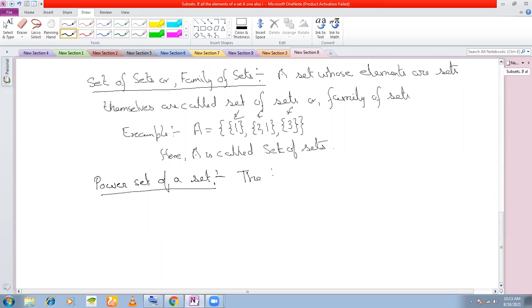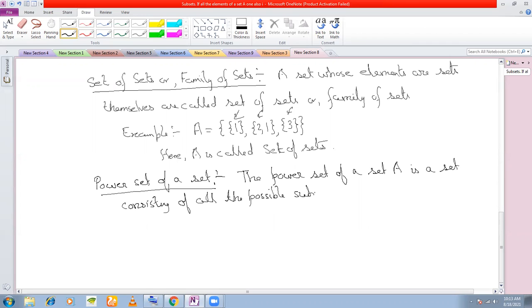The power set of a set A is a set consisting of all the possible subsets of A. It is denoted by P(A).